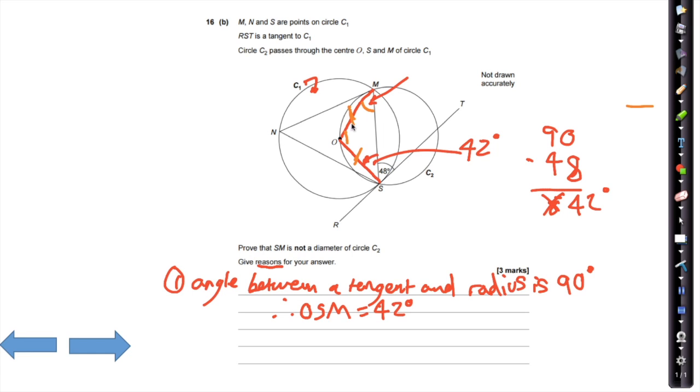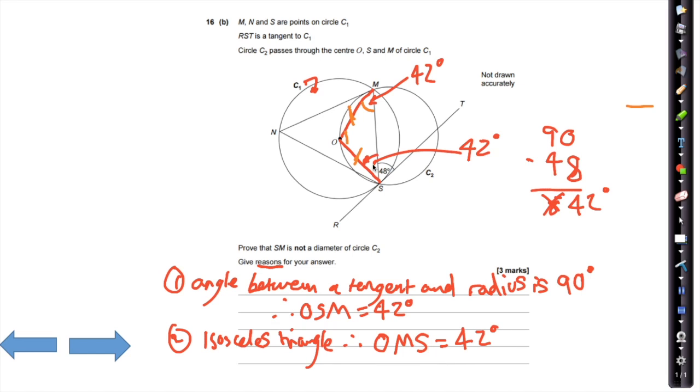Therefore we know that OMS is also 42 degrees. So another rule we've got here is isosceles triangle, and you don't have to write much more than that really. Therefore, OMS is also 42 degrees.